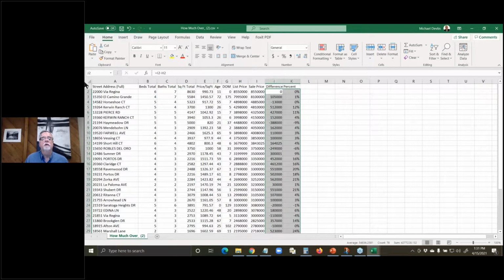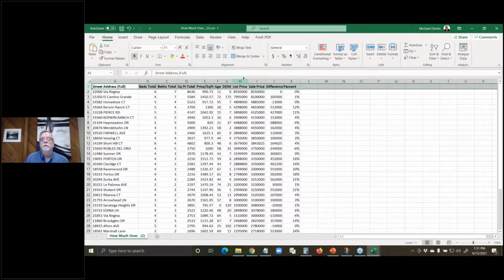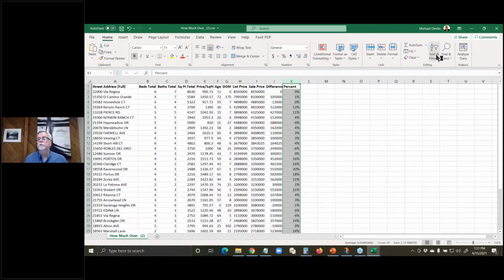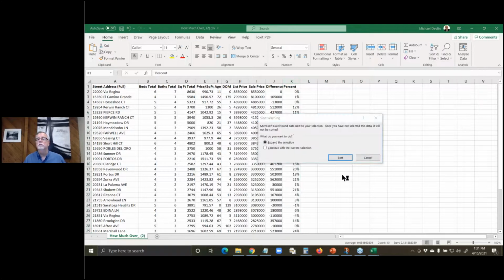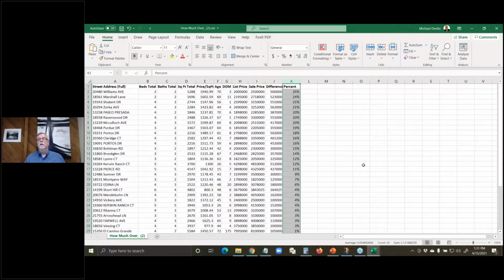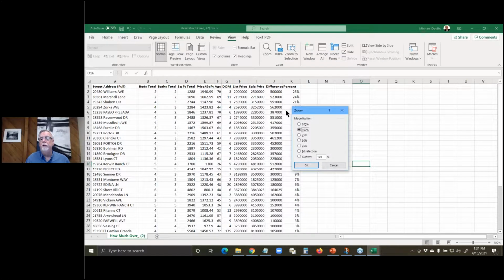And once I've done that, I go over here to the percent, and I sort largest to smallest. And look at that. So this is what it's oftentimes looking like with single family homes. And again, you're going to need to learn how to do this in your area.